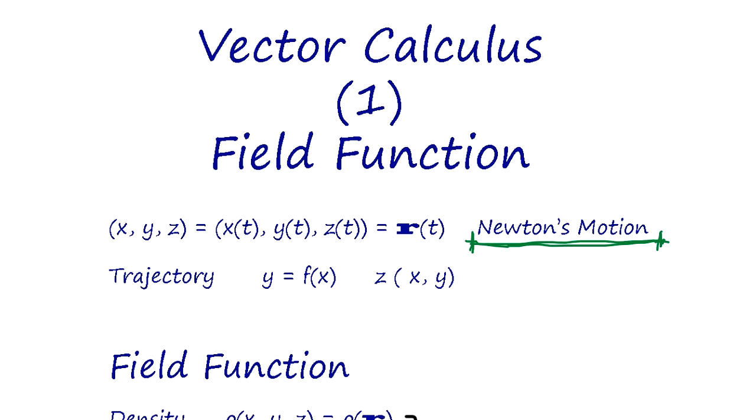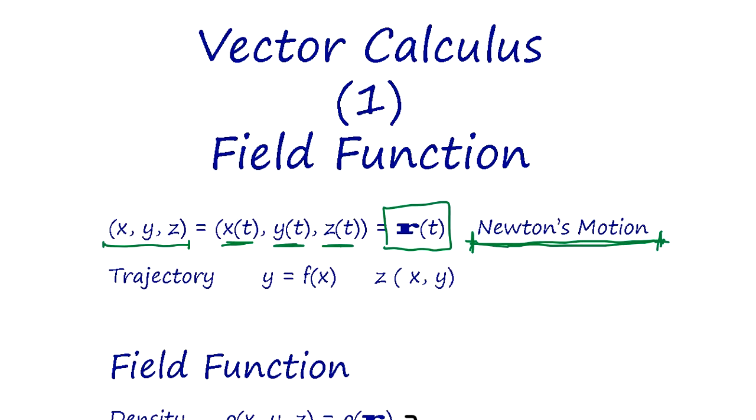We have a vector x, y, z that shows a position, a location, and x, y, and z are functions of t. So we write it this way: the position vector r is a function of t.